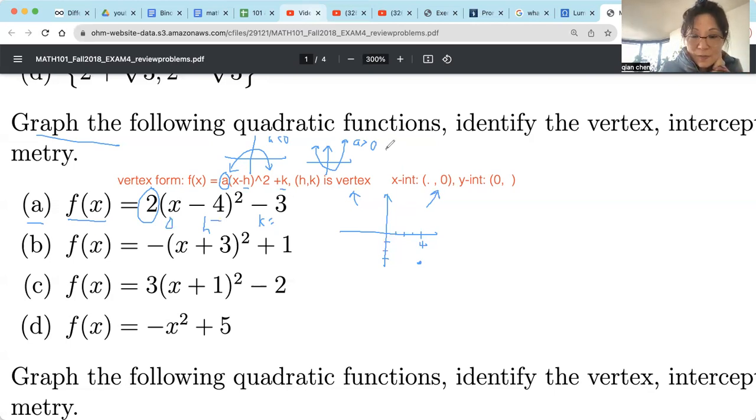So somewhere in the faraway land, I have to extend this, 29. So the y-intercept is (0, 29).